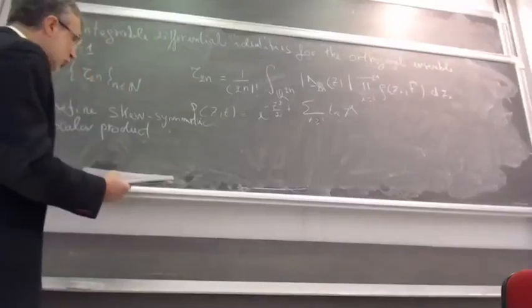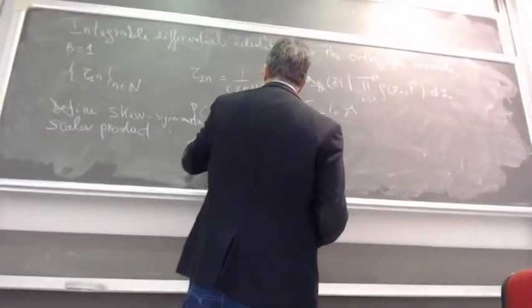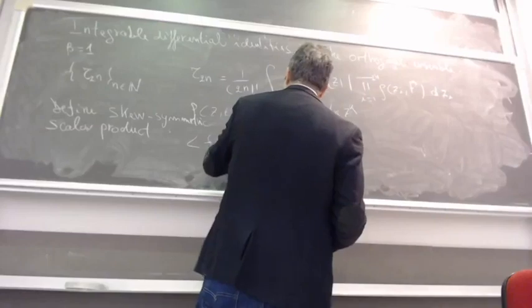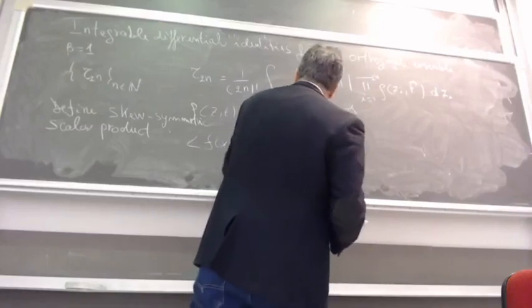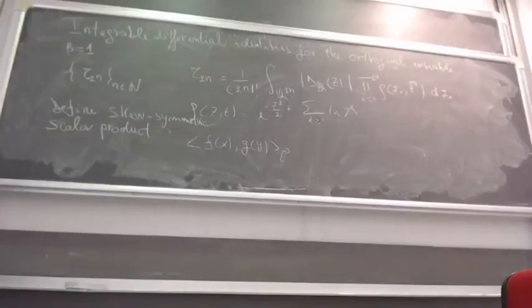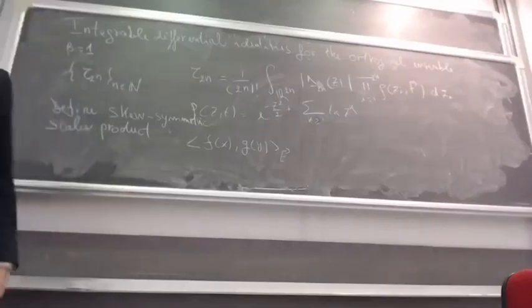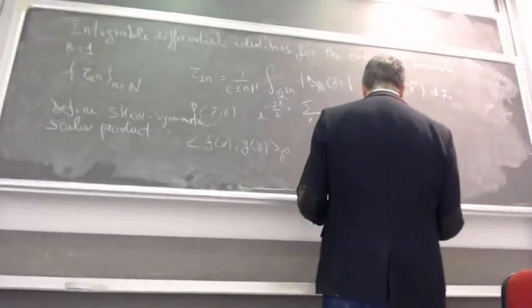If I give you a function of x, f(x), and a function g(y), to distinguish it from the standard scalar product I use these angle brackets, and this is defined.